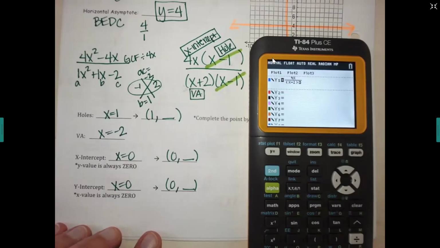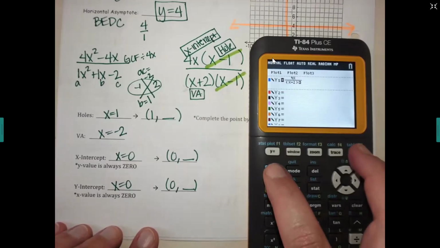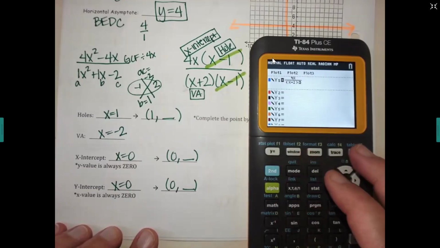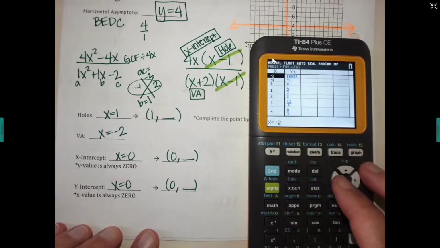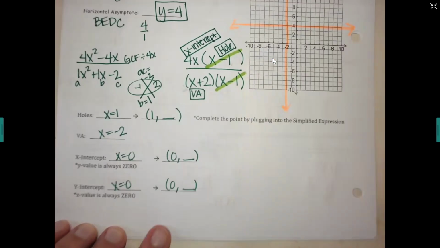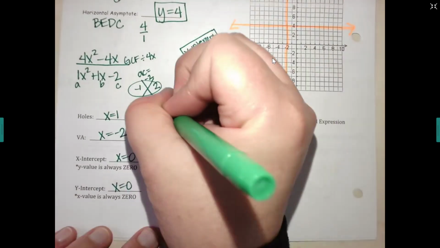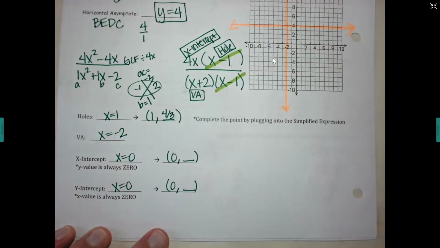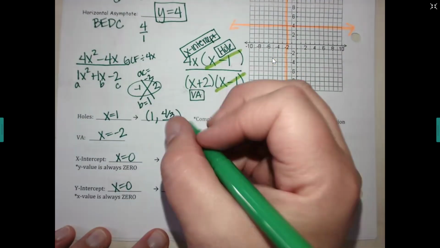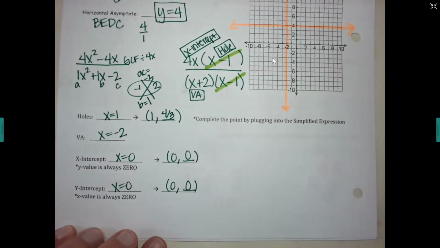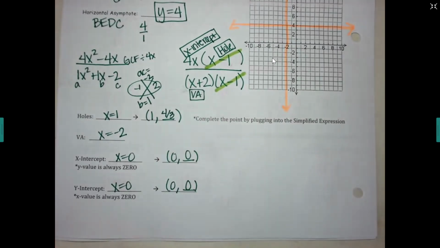Then hit second graph, and you're going to find those y values. The first y value that I'm looking for is going to be 1's partner. What is 1's partner? 4/3, write it down. Then I want 0's partner. 0 goes with 0. And that's going to go for both of those bottom two.